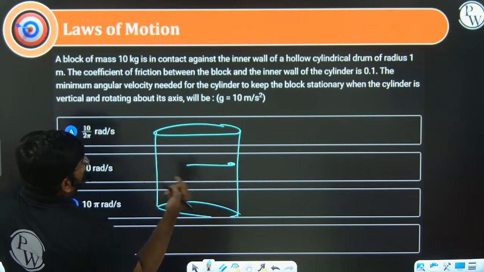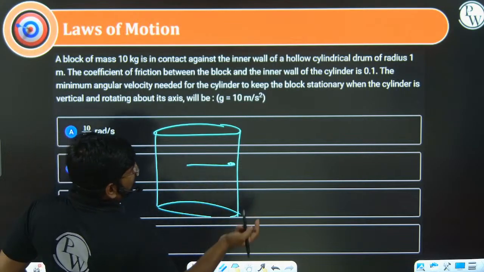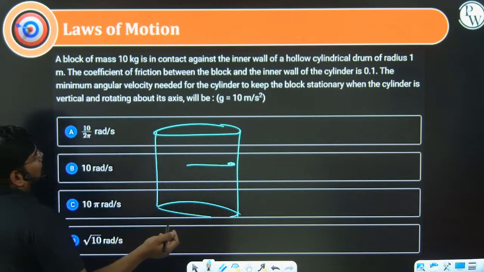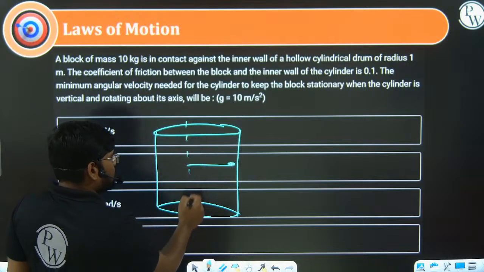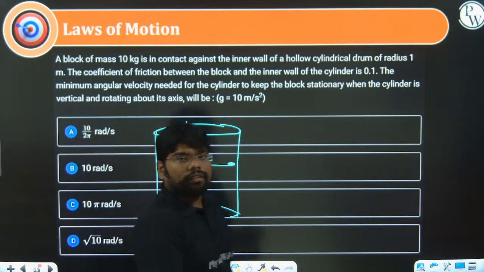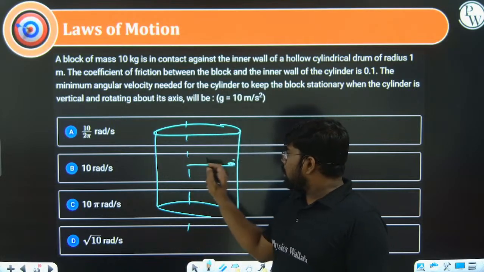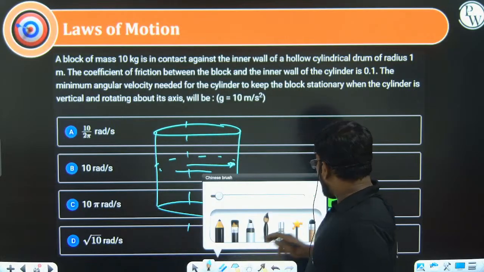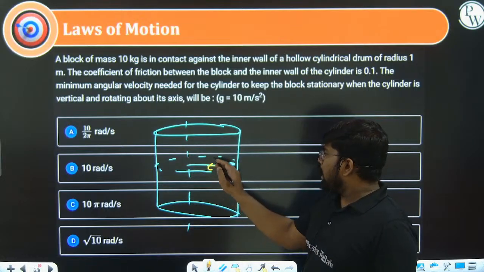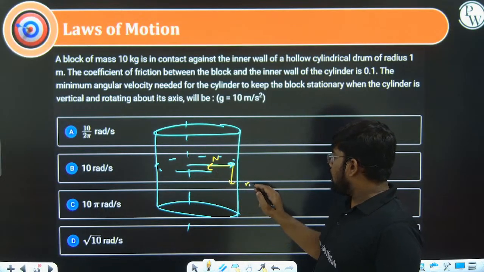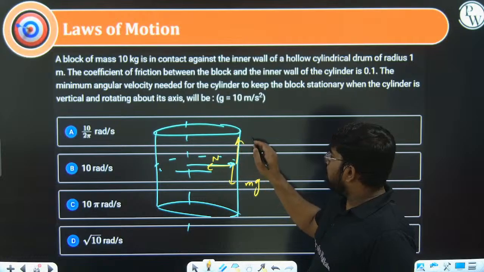What is the minimum angular speed with which the block has to rotate so that it remains stationary about the axis? Again, this is a standard model question that we discussed in horizontal circular motion, where if something is rotating while remaining in contact, normal reaction and mg are acting, and the body will experience friction upwards.